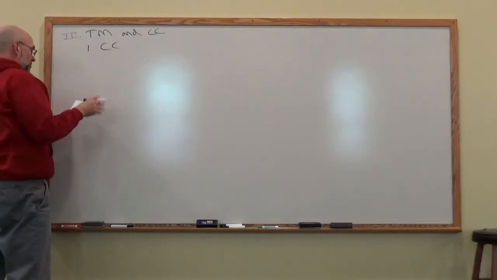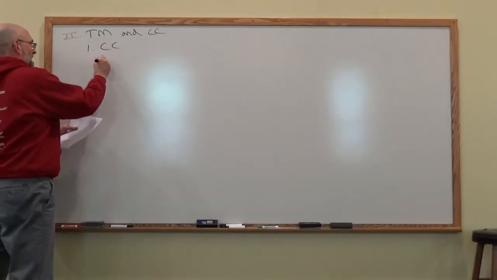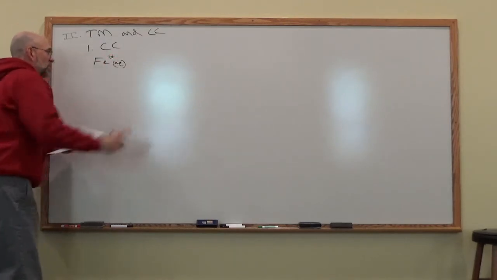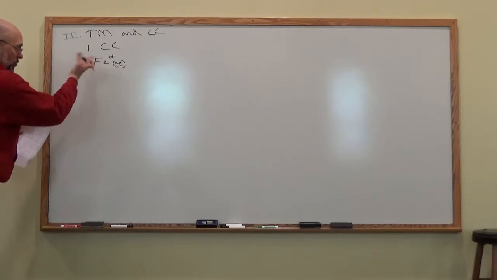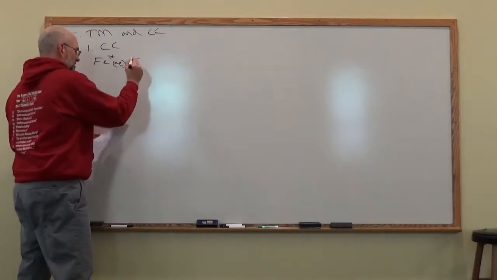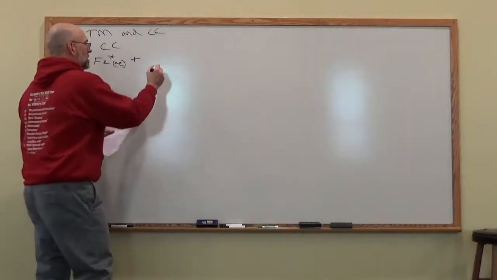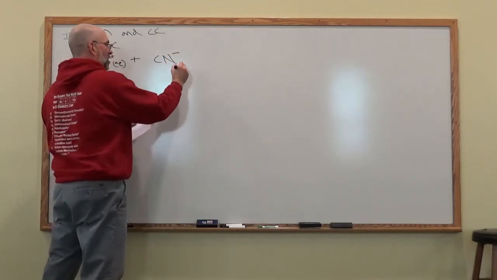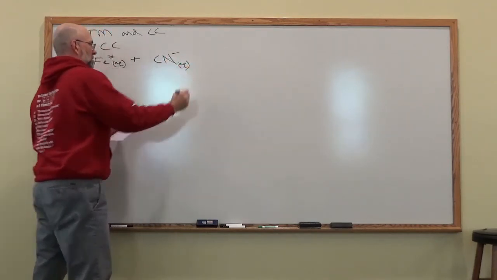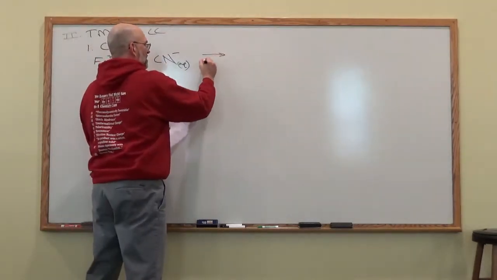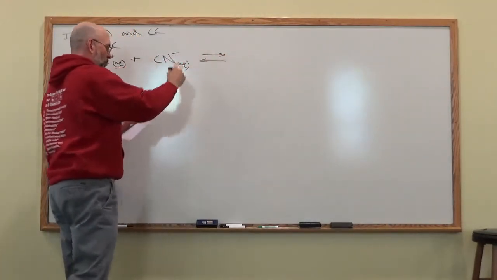We can talk about how these form as a chemical reaction, and usually we're talking about aqueous solution. So we dissolve a compound that has iron plus 2. And a pretty common ligand is the cyanide anion. Let's start getting used to the idea that reactions happen in forward and reverse.